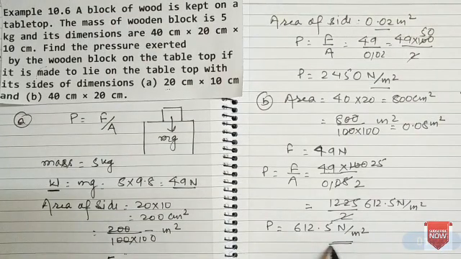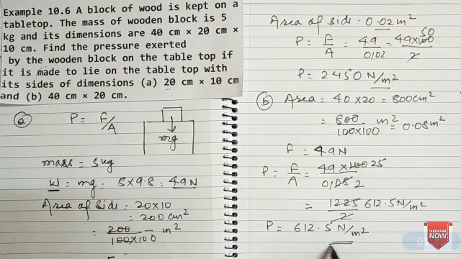Question 6. A block of wood is kept on a tabletop. The mass of wooden block is 5 kilograms and its dimensions are 40 by 20 by 10 centimeters. Find the pressure exerted by the wooden block on the tabletop if it is made to lie on the tabletop with its sides of dimensions 20 by 10 centimeter and 40 by 20 centimeter.